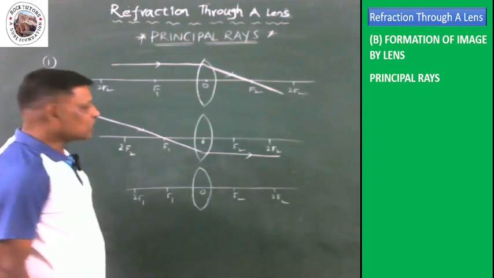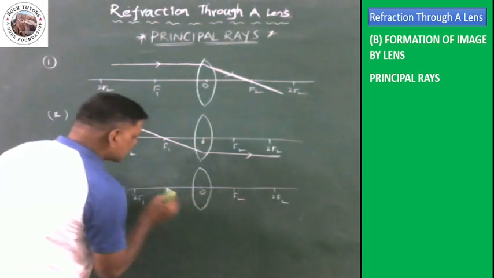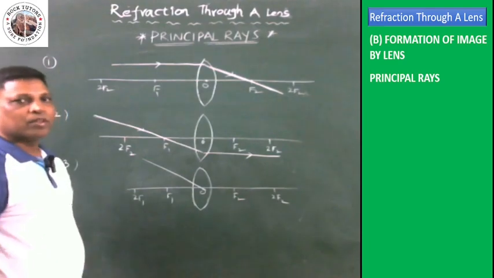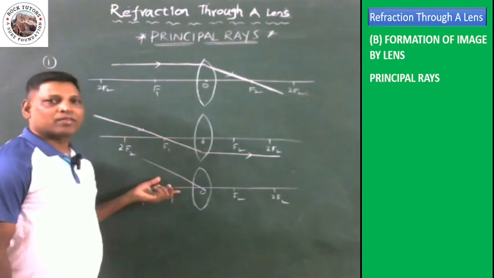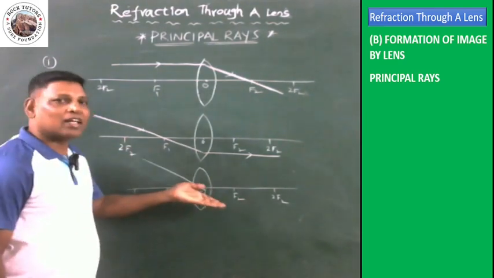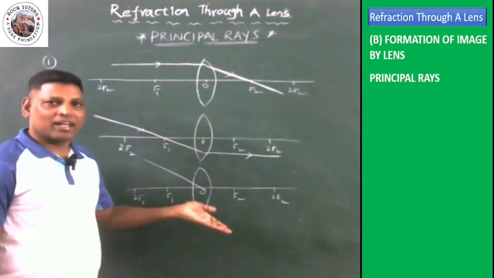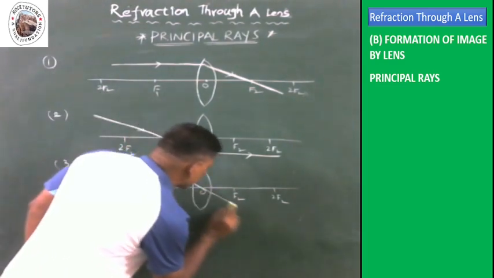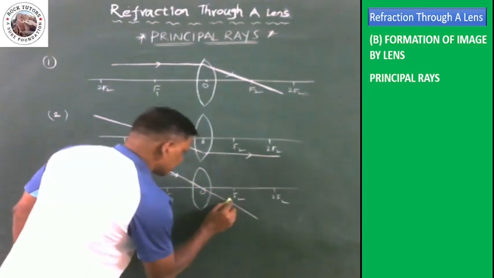The ray is passing through the optic center. We discussed it yesterday: when a ray passes through the optic center, it will not deviate. It is undeviated, and it will go straight without any deviation.